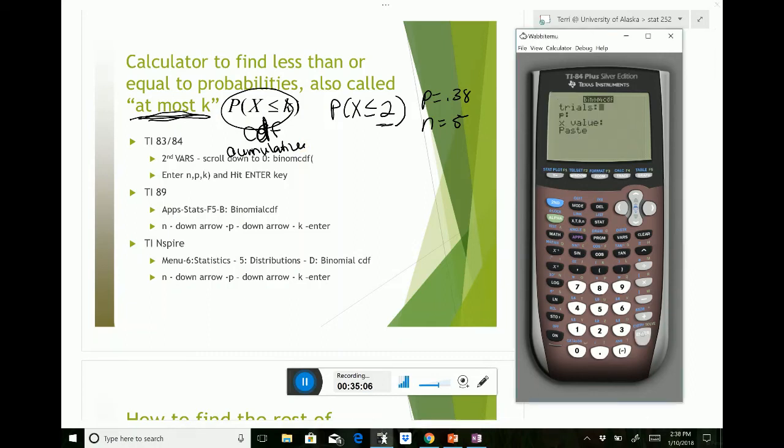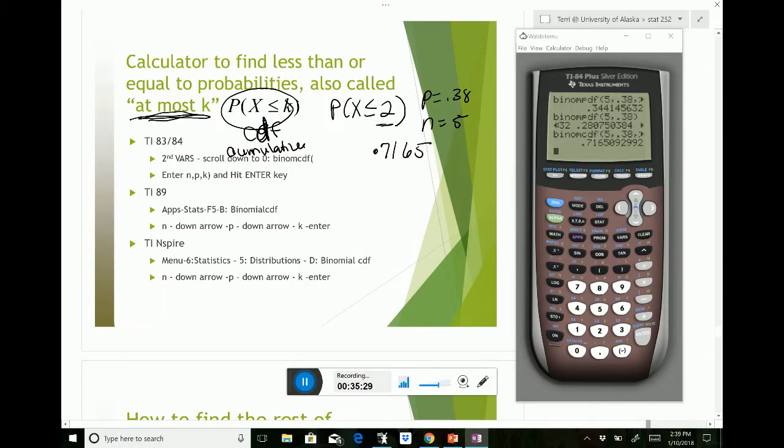So binomial CDF, the number of trials is the same, 0.38, and we're going to put in 2. And of course, this will do the same thing as before if you don't put one in. It'll do all of your cumulatives. And this says 0.7165.